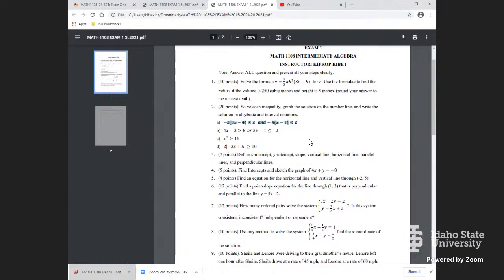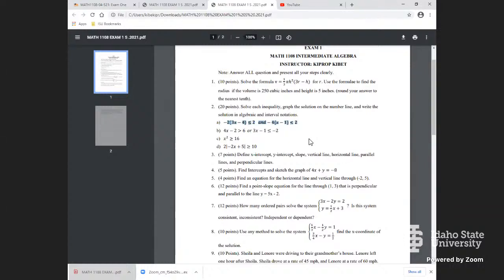So when you put the minus, then you switch the inequality. Then you switch this inequality. So it will be 2x plus 5 greater or equal to 10, or minus 2x plus 5 less or equal to 10.